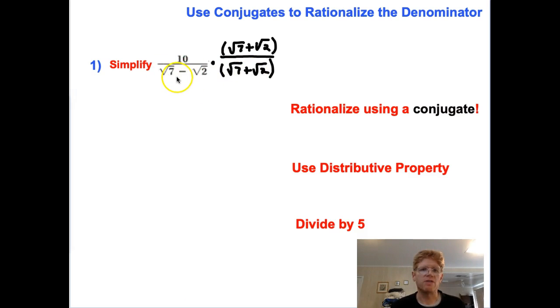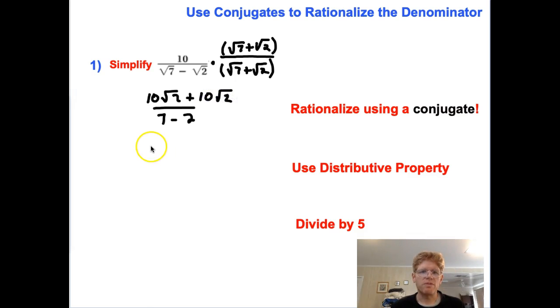from negative to positive. When we do that, we will remember that on the bottom, since it's a difference of two squares, we're going to get 7 minus 2, because square root of 7 times square root of 7 is 7. Square root of 2 times square root of 2 is 2. And on top, we're going to multiply the 10 by both of those, which is going to give us 10 square root 7 plus 10 square root 2.